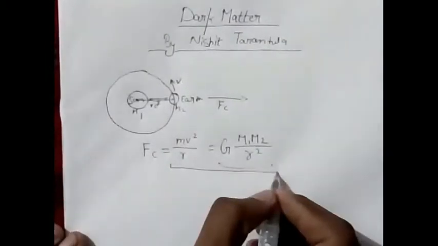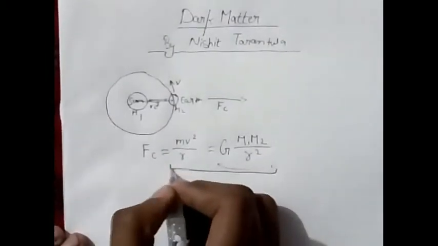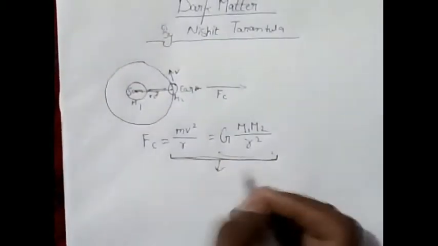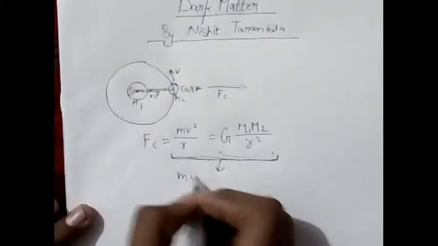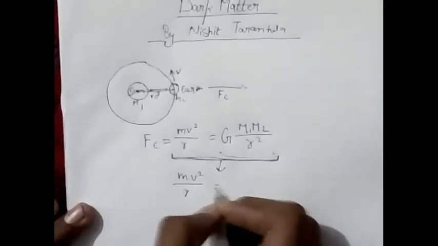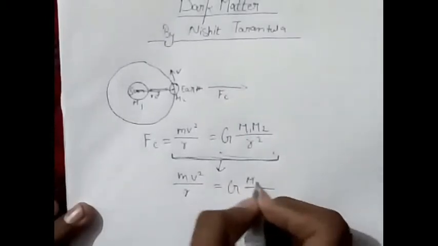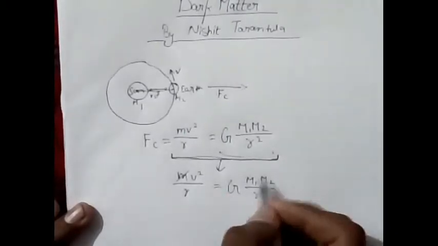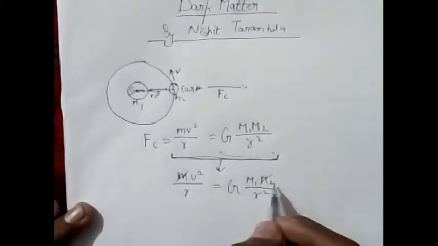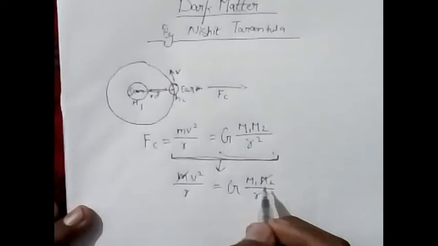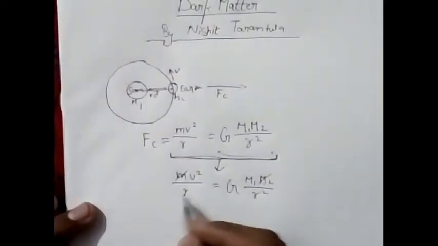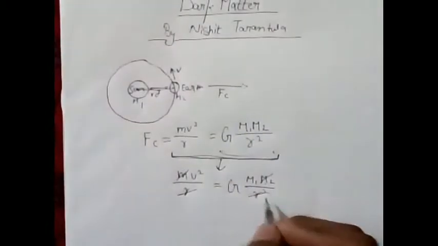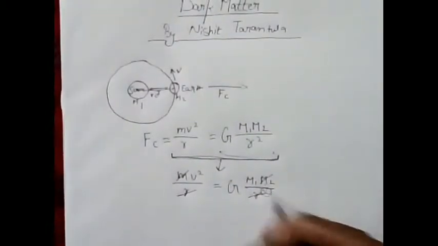So if you just take this formula and calculate it, you will get that the m will be cancelled out, one m will cancel out the other m, and this r will also be cancelled out. But wait, what's the meaning of squared here?